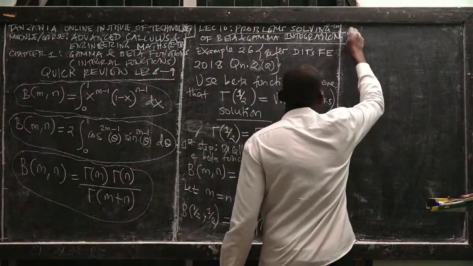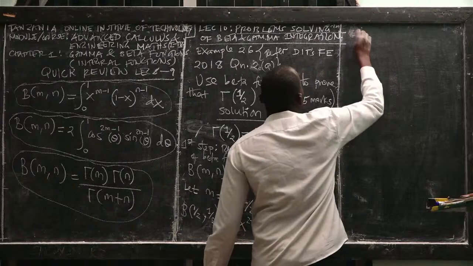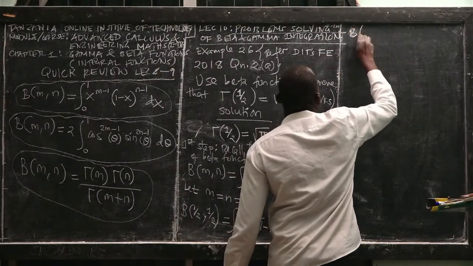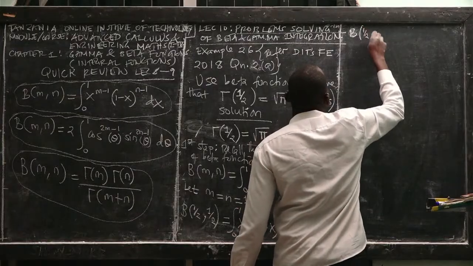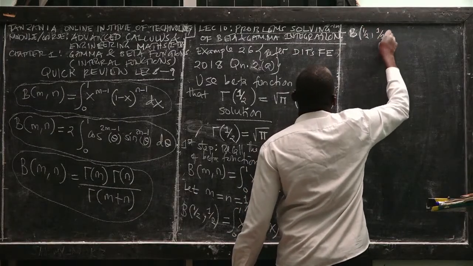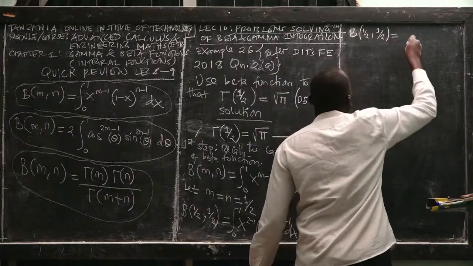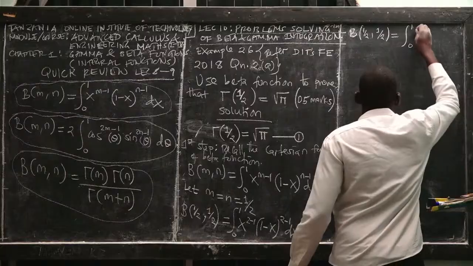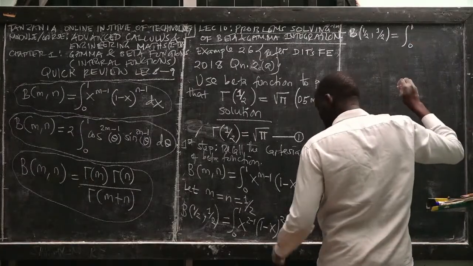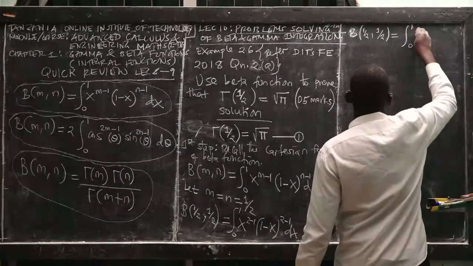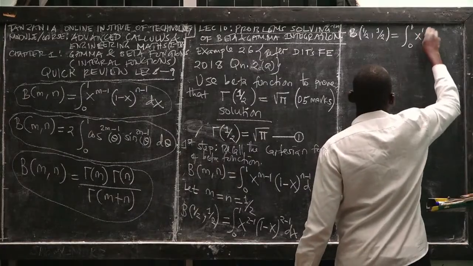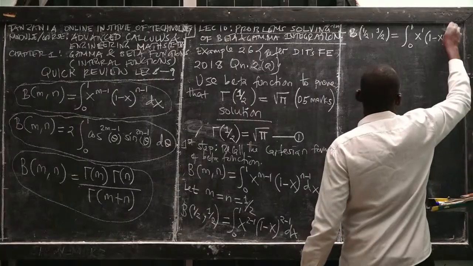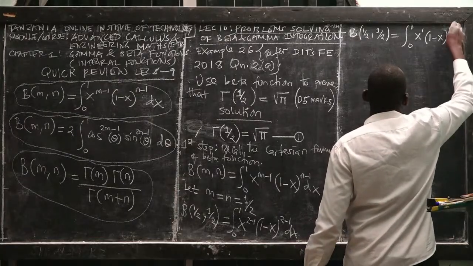So beta of a half, comma half, is equal to the integral from 0 to 1 of x power 1, 1 minus x power 2 minus 1, which is power 1, dx.